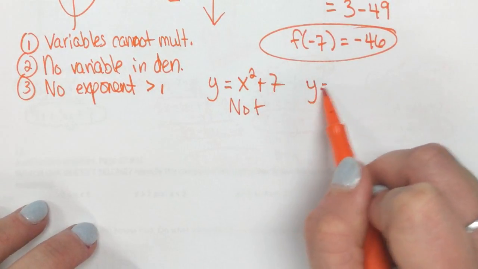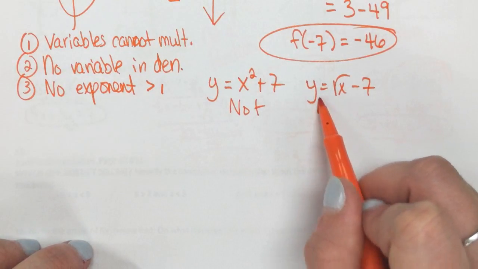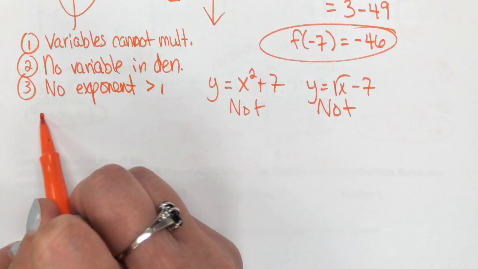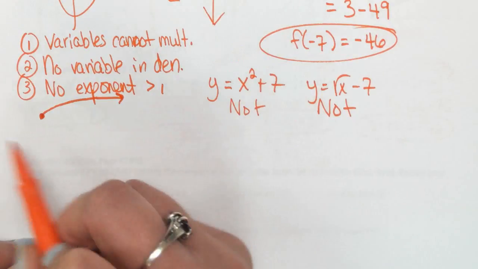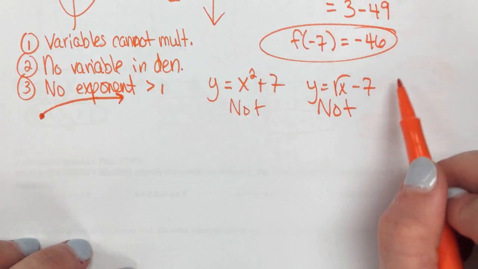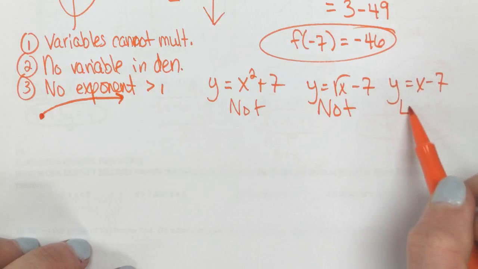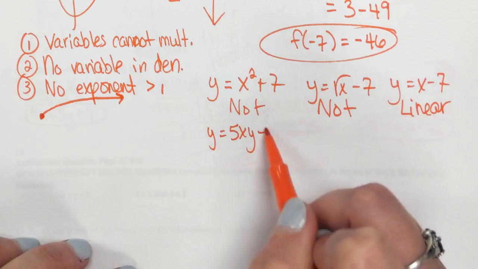What about this one? Not linear, because that is a square root function. Remember the square root function was number 13 on your math workshop we just did? It looks like that. That's not linear because that's a curve, right? What about this one? That's linear. Very good. What about that one?